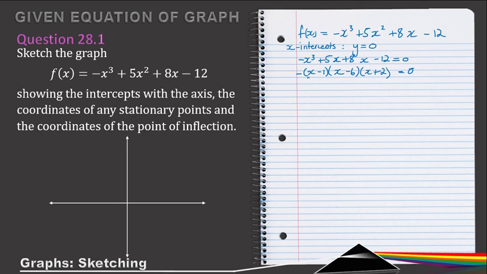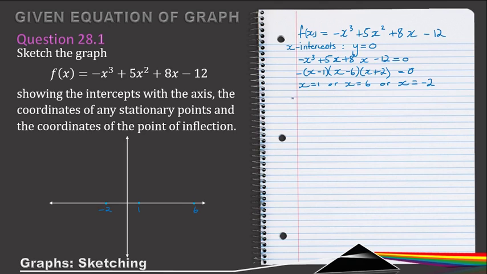Which then means that my x-intercepts are at x equal to 1, or x equal to 6, or x equal to minus 2. If I plot that on the graph, this would be at negative 2, this one would be at 1, and that one would be at 6.